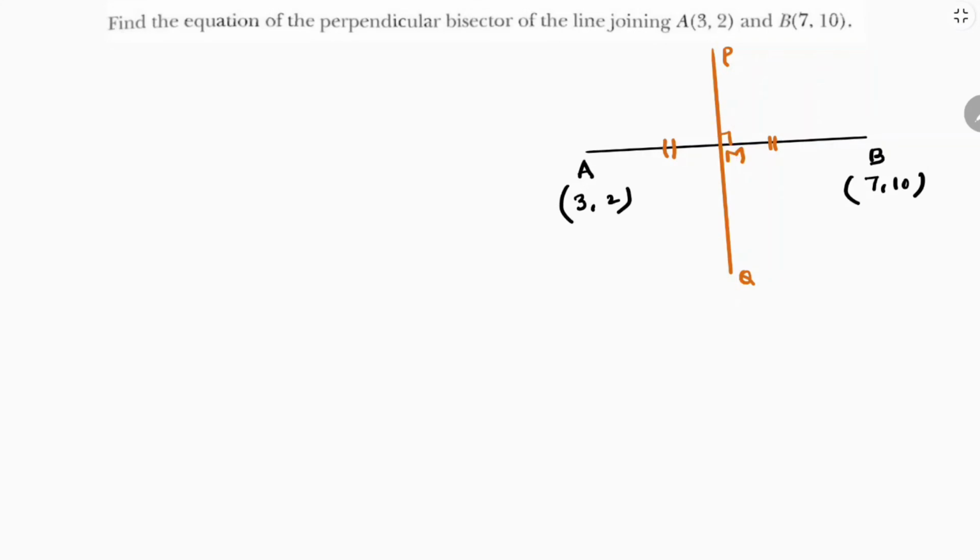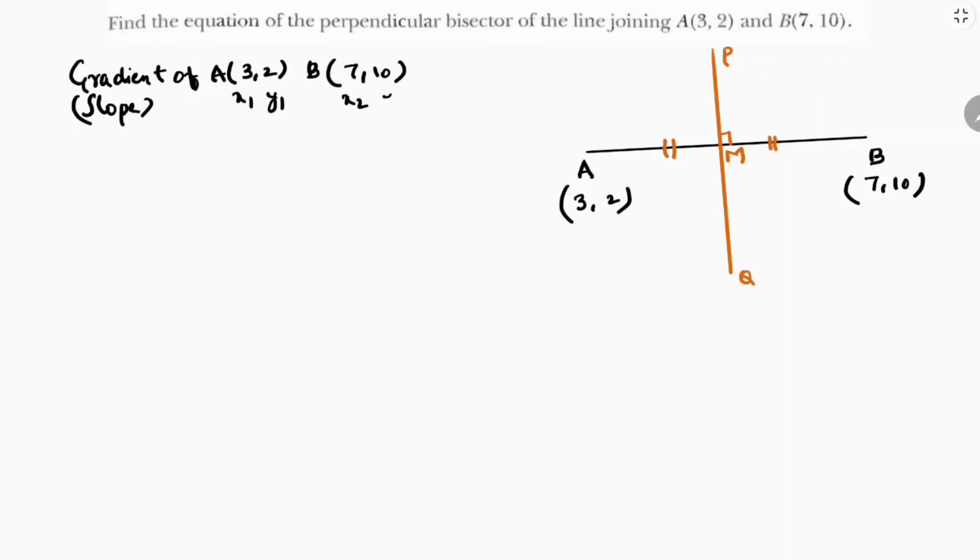So first I'll find the slope or gradient of AB. Gradient is nothing but slope of AB. Here x1, y1, x2, y2.